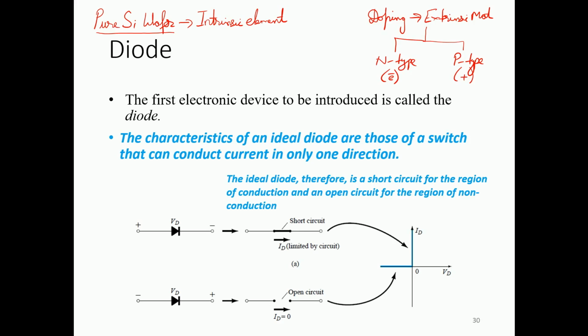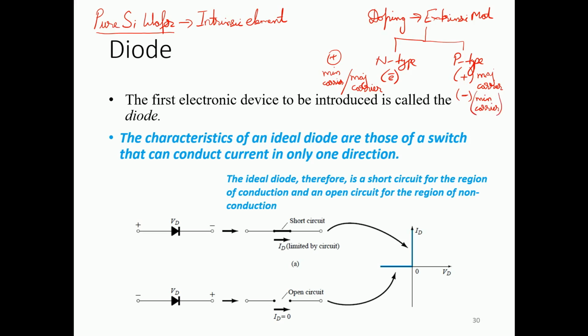The majority carriers are electrons for the N-type and holes for the P-type material. Obviously, if you have majority carriers, then you are also going to have minority carriers. For N-type material, minority carriers will be holes, and for the P-type material, the minority carriers will be electrons. So this is what we understood in our last lecture.